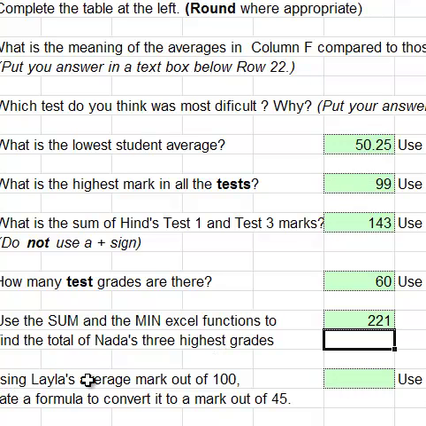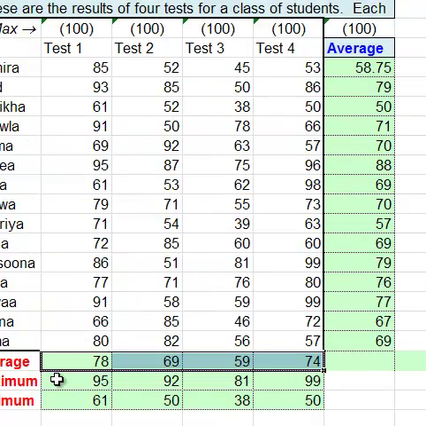Now, using Laila's average mark out of 100, create a formula to convert it to a mark out of 45. If I look at Laila's scores, she has an average of 76 out of 100 for all the 4 tests she has written. So how much she has scored out of 45 will be 76 over 100 times 45.